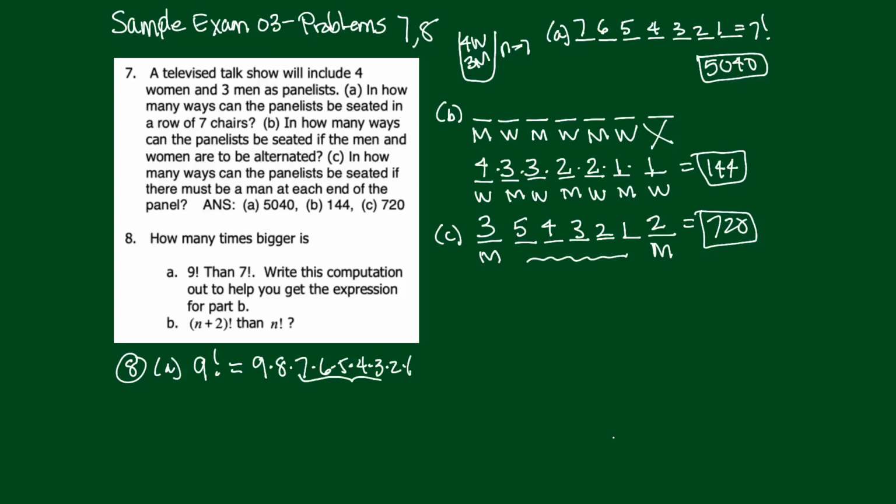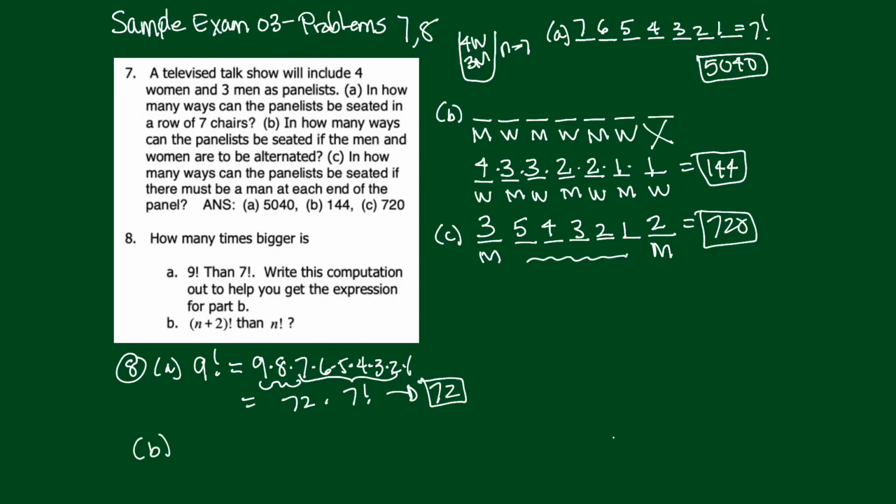But look at this part right here. That's 7 factorial. This is 72 times 7 factorial. So how many times bigger is 9 factorial than 7 factorial? It says it right here. 9 factorial is 72 times as big as 7 factorial. So the answer here is 72.